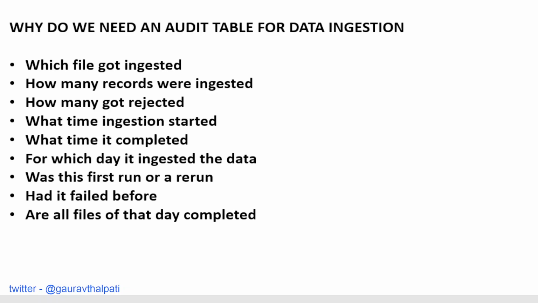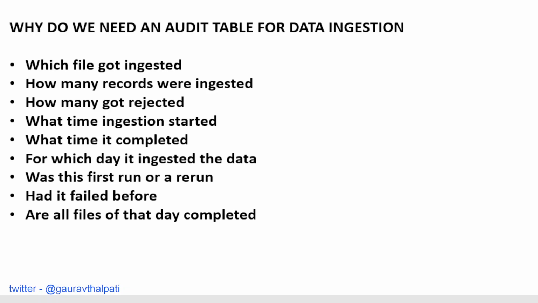So all those permutations and combinations are there. This whole table should be able to tell you all these things: which file ran on which day, for which hour of that day, how many records were inserted, how many got rejected, and whether it successfully completed or not. The status is the most important one. So you should be able to see all these details there.